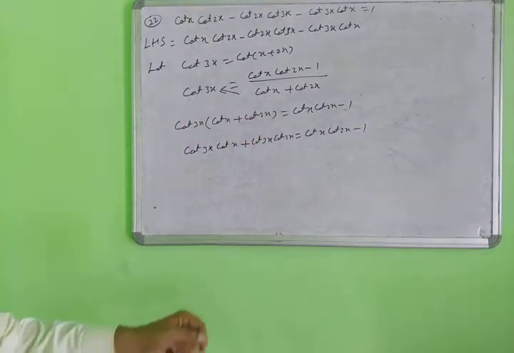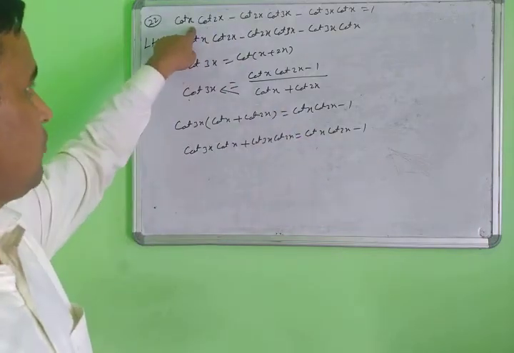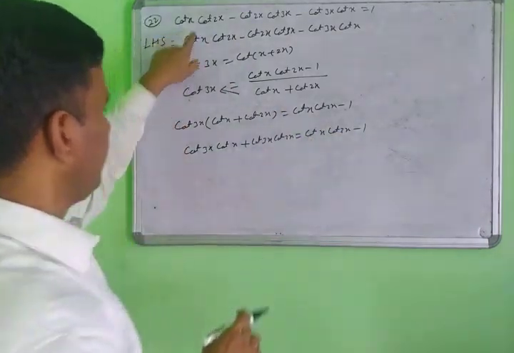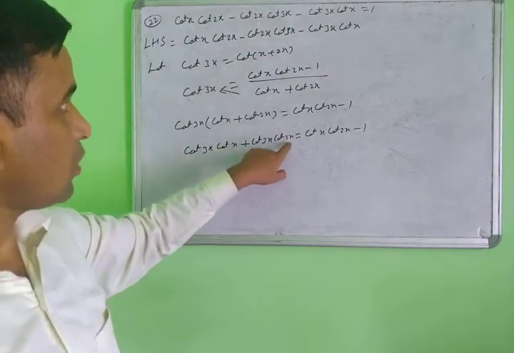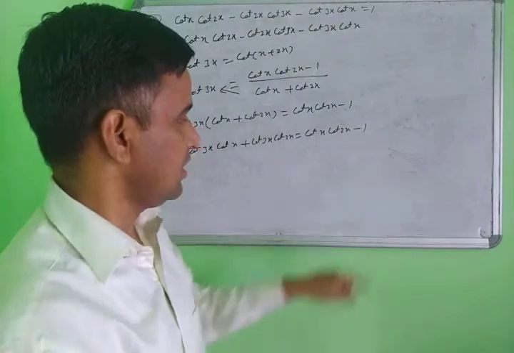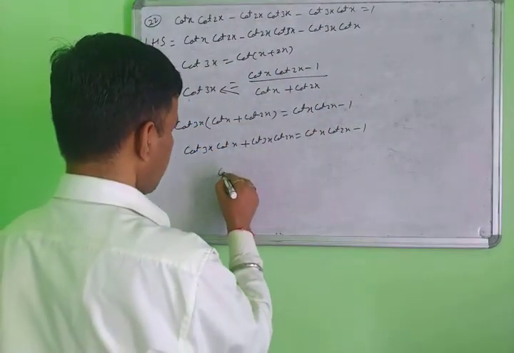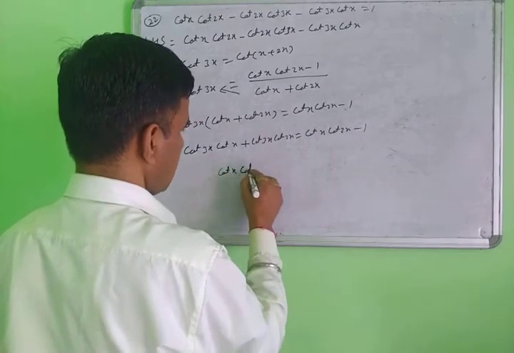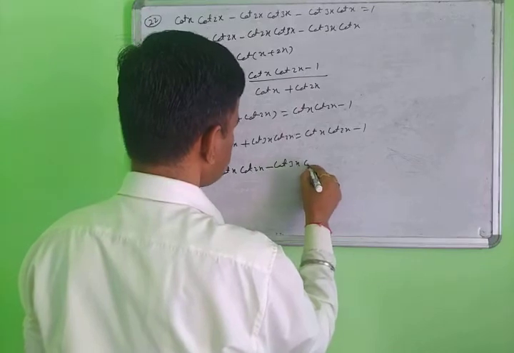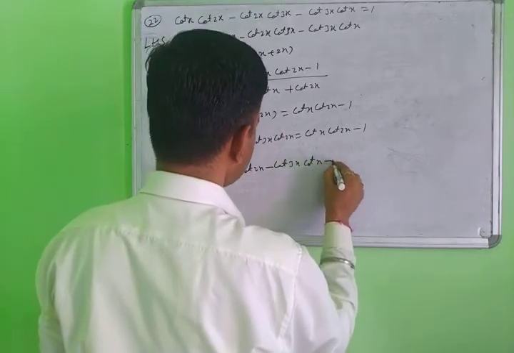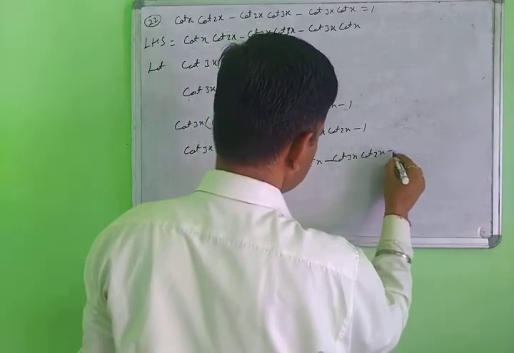Look here. Cot x cot 2x is in positive form. This is the same here. But cot 3x cot x is negative, and cot 3x cot 2x is also negative, and 1 is positive. So transposing 1 to the right side, what will come here? Cot x cot 2x minus cot 3x cot x minus cot 3x cot 2x equals 1.